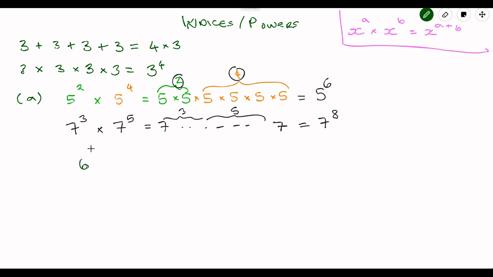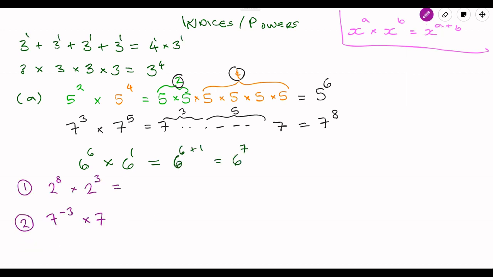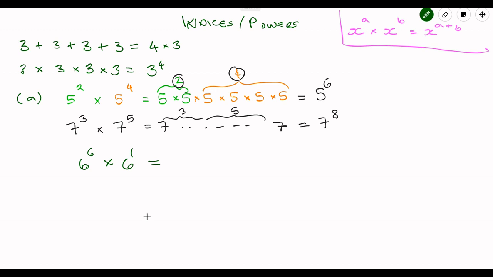Let's do 6 to the power of 6 times 6. Okay, if you have a number on its own, just write it as a little 1, because that's what it means. But we don't want to be writing little 1's on every single number that we see, because that would just be ridiculous.